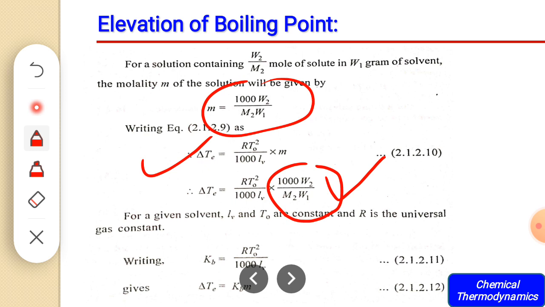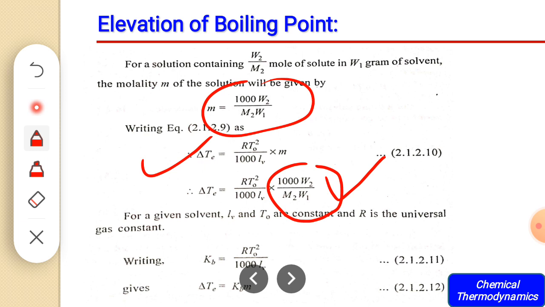For the given solvent, Lv and T0 are constants. T0 is the boiling point of the pure solvent, which always remains constant. R is the gas constant, which is also constant. Lv, the heat of vaporization per gram of substance, is also constant for the solvent.